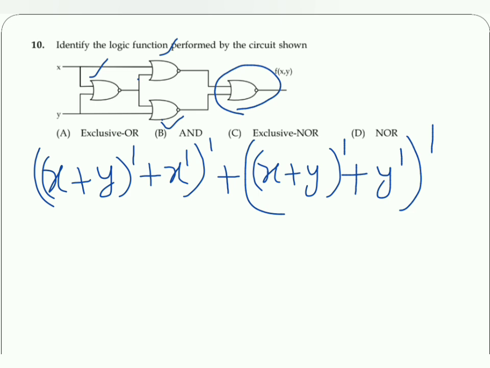First (x plus y) whole dash plus x dash. Here we are considering this next logic gate also, right? So for this again the whole complement will occur.